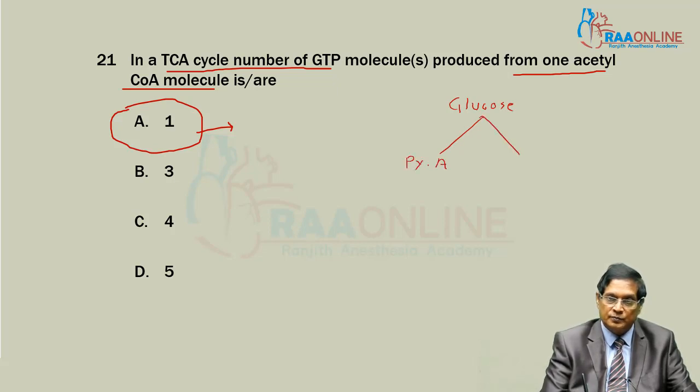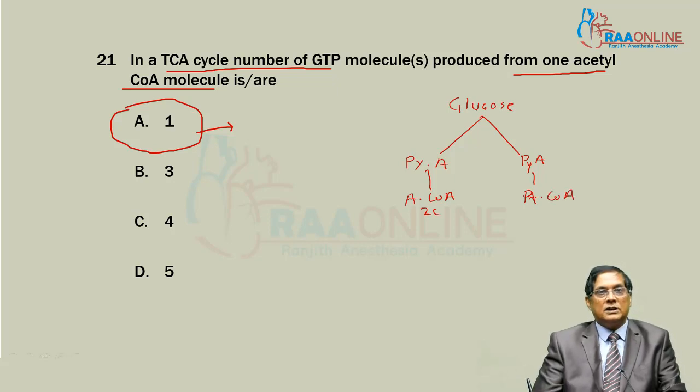Then each pyruvic acid is converted into acetyl coenzyme A, a 2C compound. Similarly, this pyruvic acid is also converted into acetyl coenzyme A.